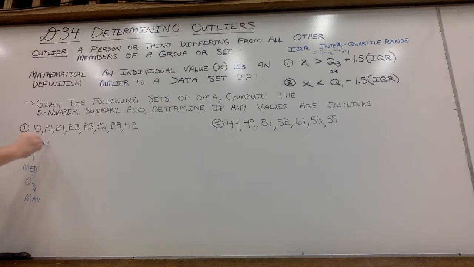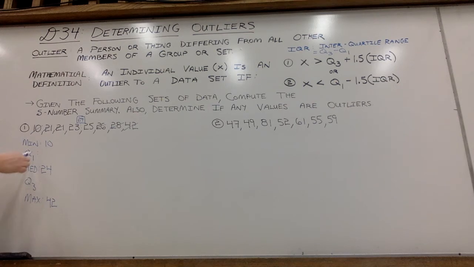Minimum is 10, maximum is 42. I am then going to cross off until I get to the middle. And I've got two numbers, 23 and 25, so the number in between those, 24, would be my median.